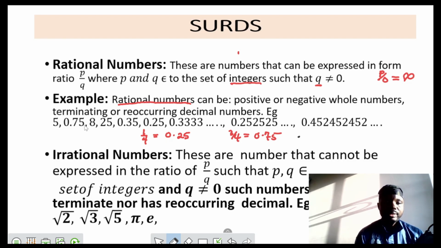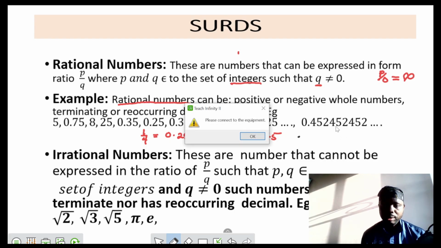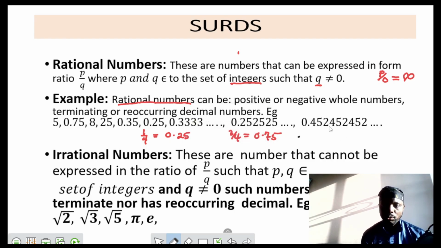So either the decimal has an end, that means it terminates, or the decimal is recurring. That means the decimal will not terminate, but it will be repeating. So when you have a repeating or recurring decimal number or a terminating decimal, such a fraction is still a rational number.